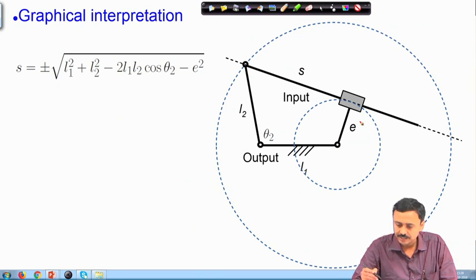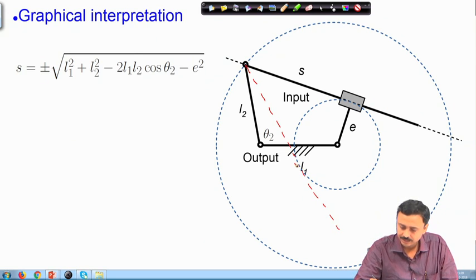The other configuration, in order to find out the other configuration, again we think of the other tangent to this circle and we bring in the slider on this side.